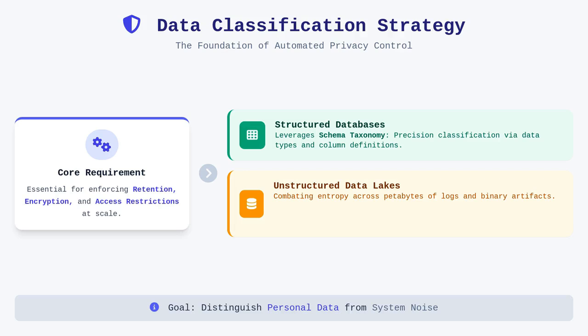In these environments, we must implement a layered detection strategy that assumes entropy is the default state of the storage layer. To master this, we rely on a combination of regular expression engines for consistent patterns, such as social security numbers or credit card formats, and machine learning models capable of inferring context in longer textual strings.